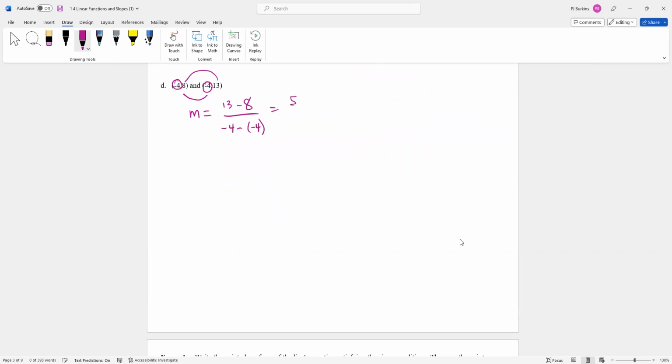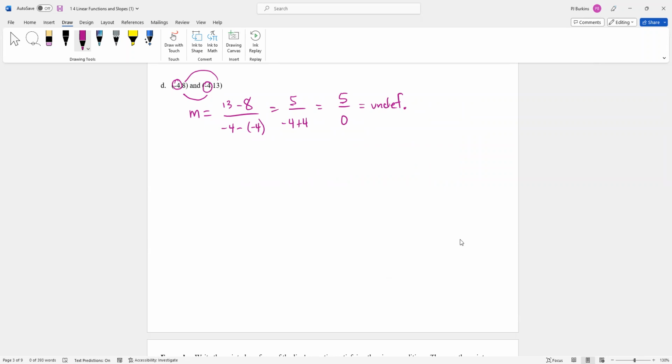So that's going to be 5 on top, and then -4 plus 4, which is 0. And we all should know that we can't divide by 0, right? At least not until we get to calculus, then we start calling it something else. But this is undefined for now.